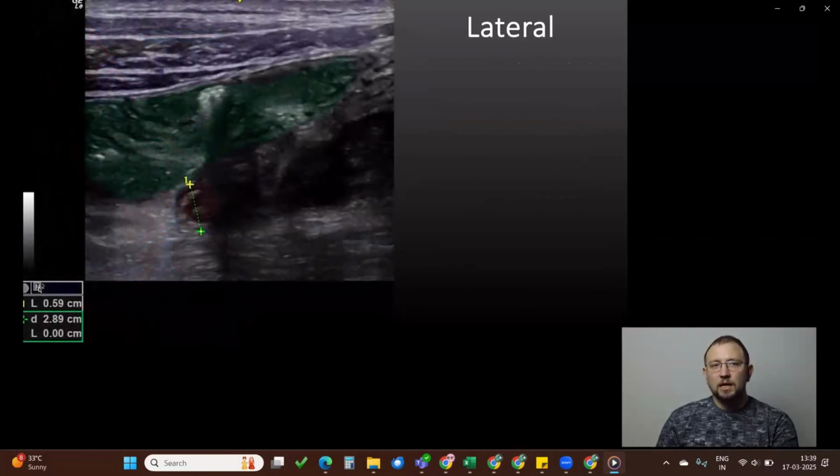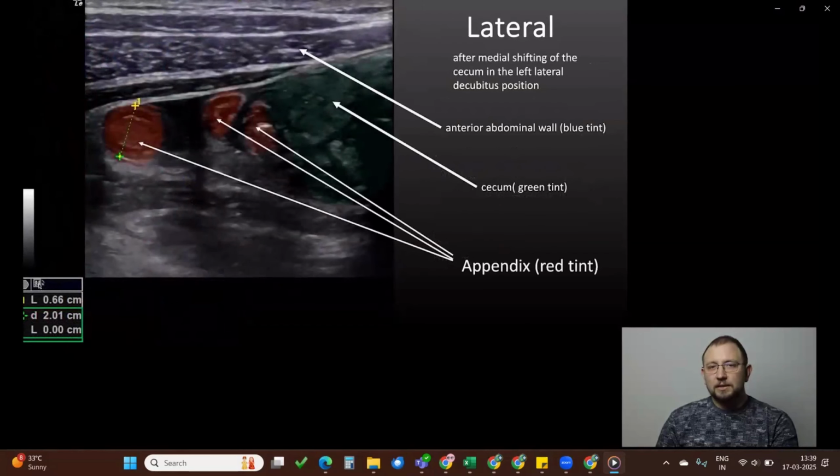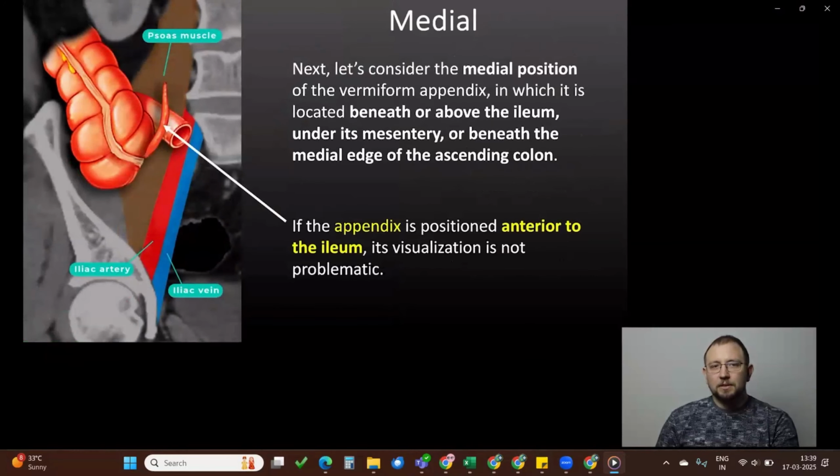This movement shifts the cecum laterally, allowing the appendix to become accessible for the ultrasound beam. Next, let's consider the medial position of the vermiform appendix, in which it's located beneath or above the ileum, under its mesentery or beneath the medial edge of the ascending colon.